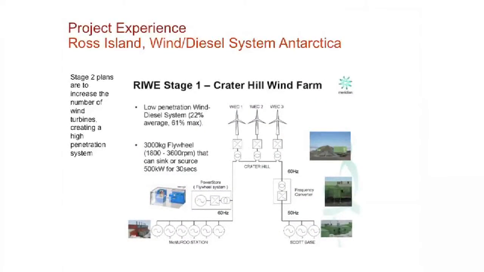This is now some examples of what we've done. This is in the Antarctic at Ross Island, or the McMurdo base. So those of you from the US will appreciate that the McMurdo base in the Antarctic is a pretty important base for the US. And for us, as a small company in Darwin, to have won the contract and to be successful in doing that was a great feather in our cap. And now that's all over to ABB.